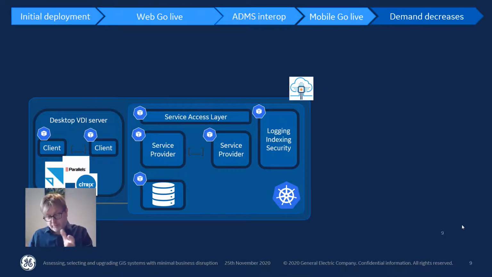So most utilities, their IT solutions, the amount of use will go down at the weekend, or it may be a specific event that you need to scale up for, a storm issue, or resolution or something like that.